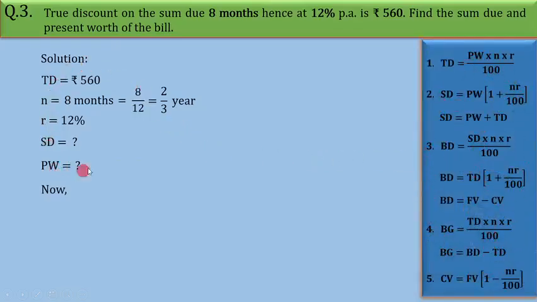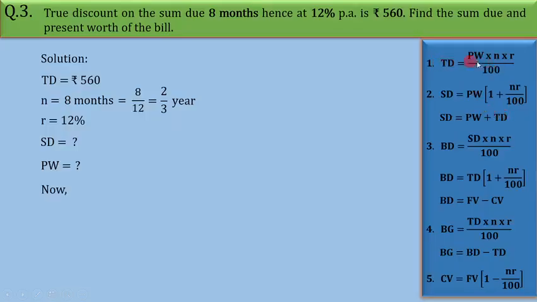Now, as far as this particular question is concerned, we are given TD, N and R and we have to find SD and PW. Now you guys tell me which formula is most appropriate to calculate SD and PW. Yes, you are absolutely right. Formula number 1 and formula number 2. Correct?